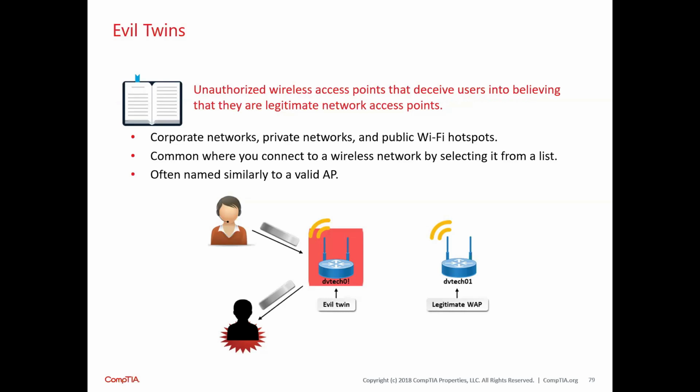The legitimate wireless access point uses DVTech01, while the evil twin uses DVTech01 but not the one. They use an exclamation mark, I think this is an exclamation mark, I forgot the name of this symbol. Anyway.